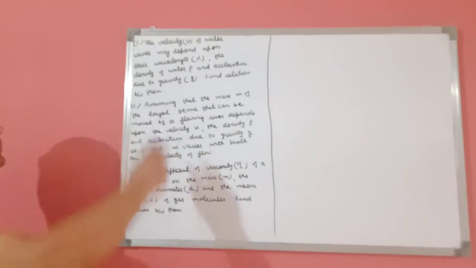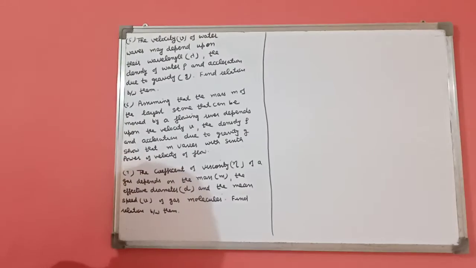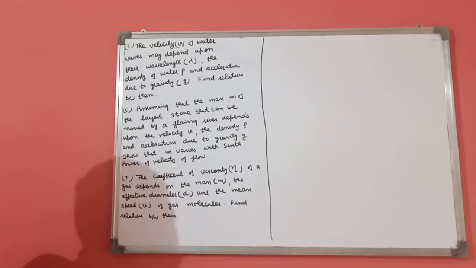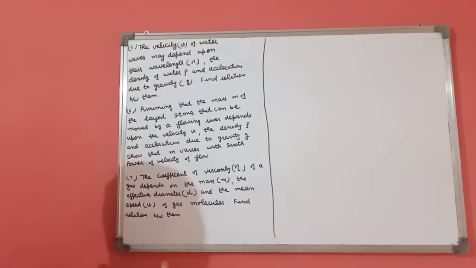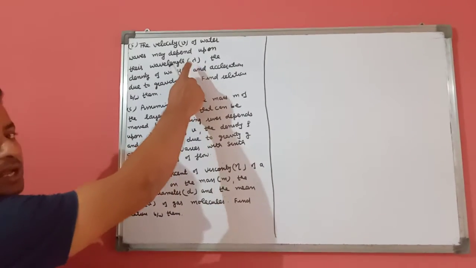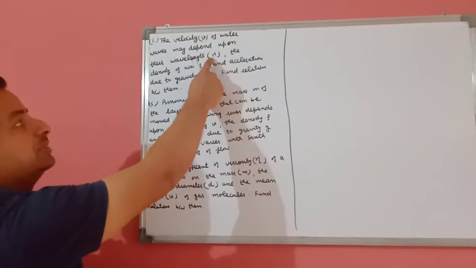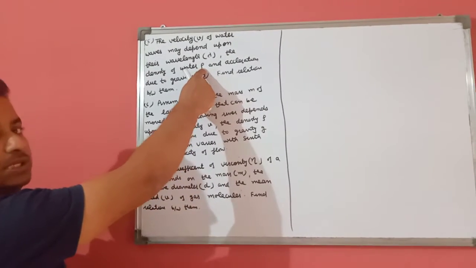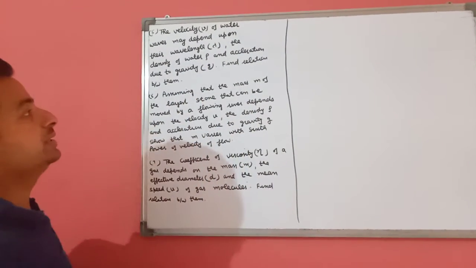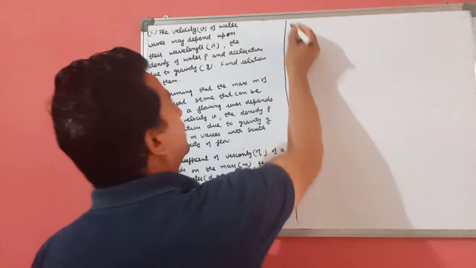In question number 5, the statement is that the velocity v of water waves may depend on their wavelength, lambda, the symbol for wavelength, the density of water, rho, and the acceleration due to gravity, g.